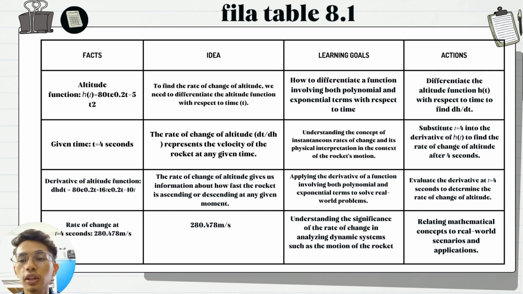For the learning goals, we can understand the significance of the rate of change in analyzing dynamic systems such as the motion of the rocket. For our action, relating mathematical concepts to real-world scenarios and applications.